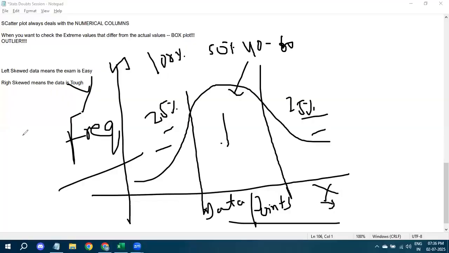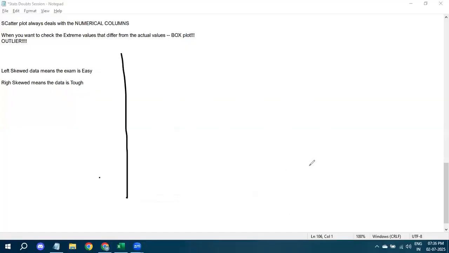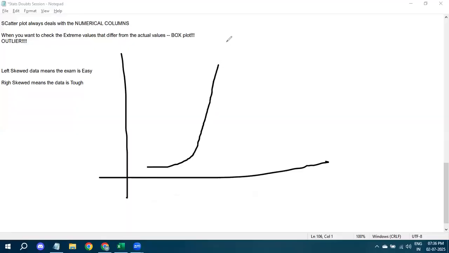Now, when I conduct another exam, only very few people scored low marks and the highest marks.